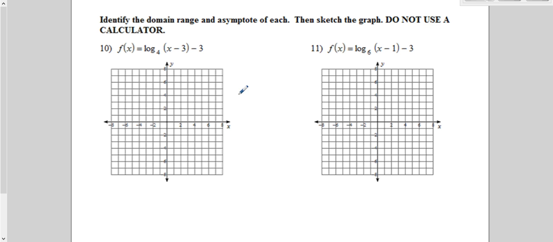So one of the methods that I had discussed in class was that if we have the formula y equals log base a of x minus h plus k, then we would have, and with this, we can determine, logarithms are the inverse of exponential functions.